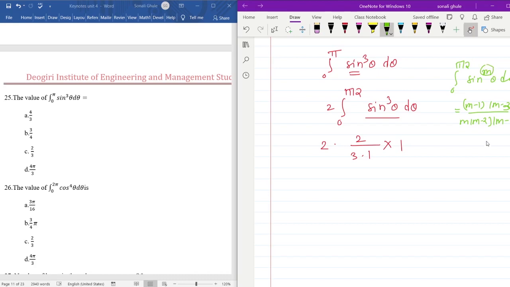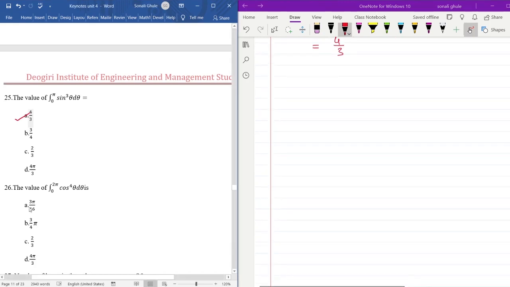If m is odd then the value of k will be 1, and if m is even then the value of k is pi by 2. Here our m is odd, so here we have taken the value of k as 1. And if we solve this, we get the answer 4 by 3. Okay, so that is our correct option here. I hope you all understood. Let's solve your next example.